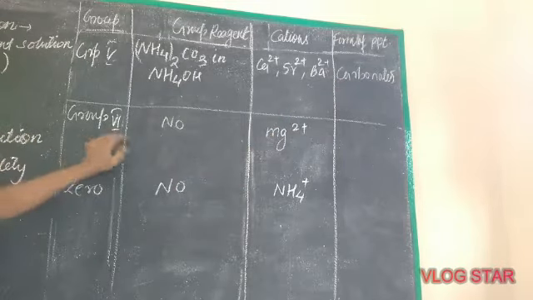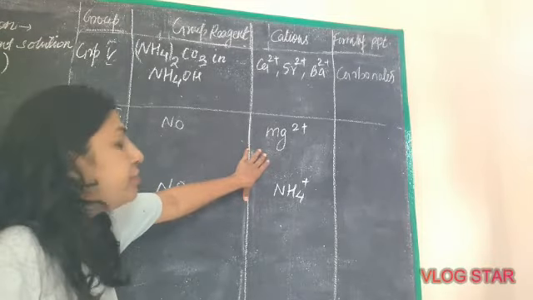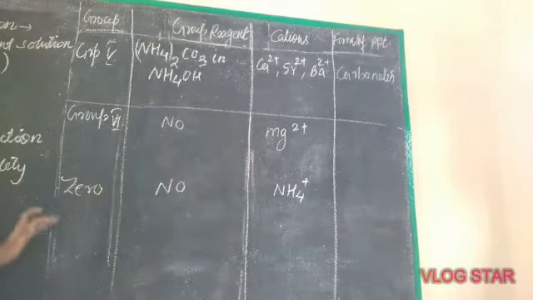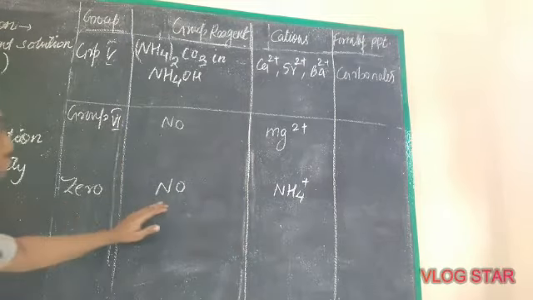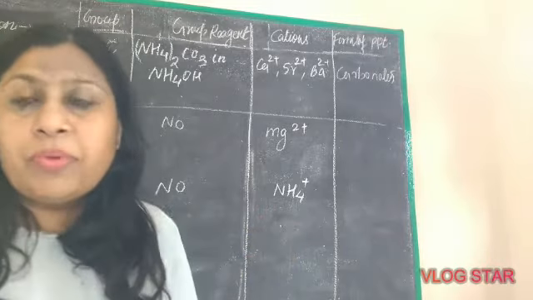Group 6, no group reagent. The cation is Mg2+, that is magnesium ion. 0 group, no group reagent, and the cation is ammonium ion, that is NH4+.